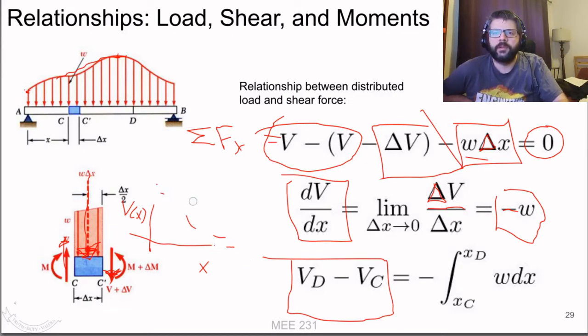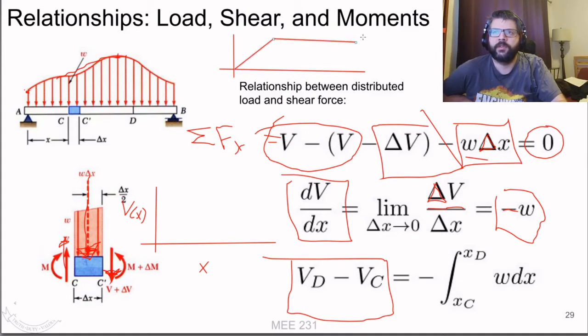That is, of course, oftentimes a bit more helpful when we have relatively more easily defined functions for our distributed load. For example, if you have a distributed load that looks like this, then we may end up essentially starting from here and going to here. The slope of the shear there will initially be 0.